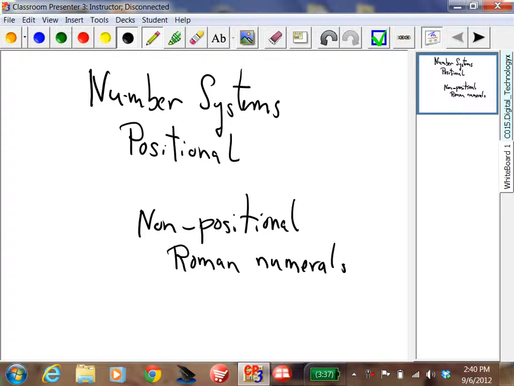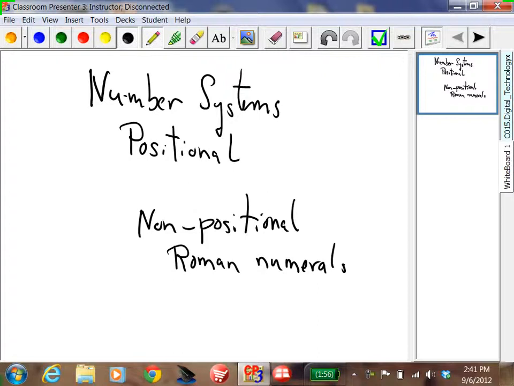Why did I say that? Why did I uphold that proposition? Yes. Sorry. So you do arithmetic. In the modern age, right, we have to do lots of arithmetic, right? In all forms of business, and we have to add things, subtract things, multiply things. And it's much easier to do that in a positional number system than in a non-positional number system.